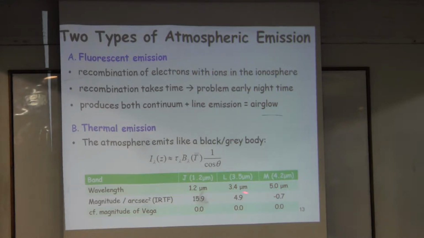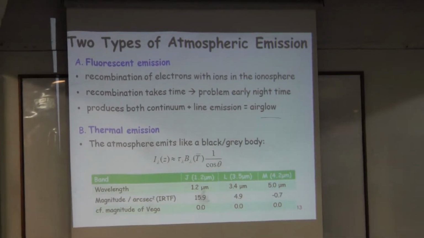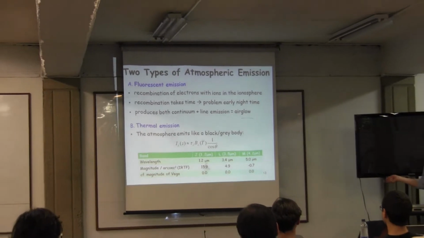Because the atmosphere radiates at longer wavelengths, this is almost like observing during the day. Mid-infrared observations are like daytime optical observations. The sky is so bright, brighter than the stars. You can still do it, but you have to have a way to subtract the background, to calibrate that out.